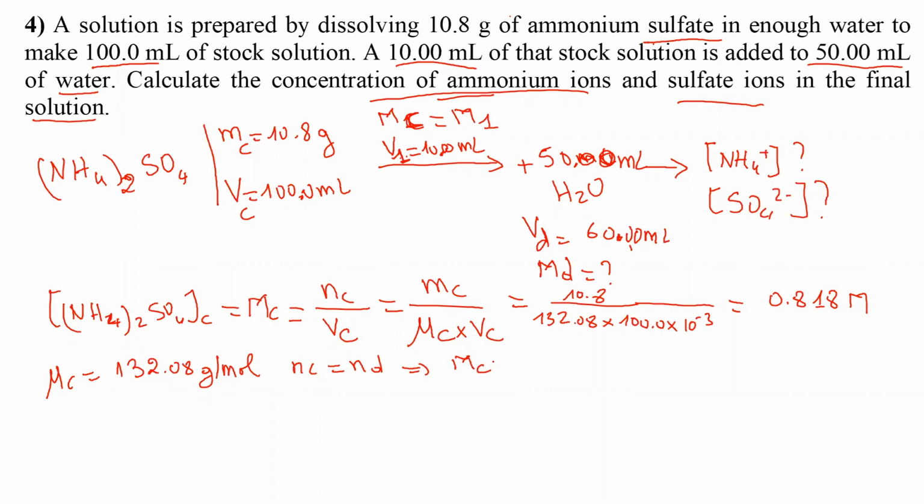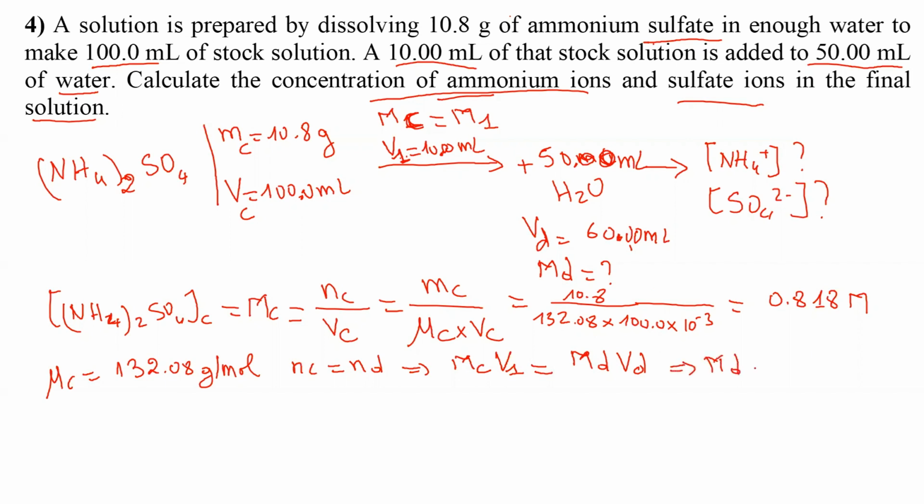Here, what is the volume that I take? V1. This is V1 that I diluted, and it will be equal to MD times VD, and VD is 60 ml. So I can deduce the concentration of the final solution.